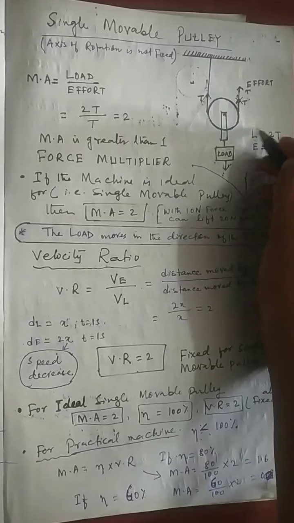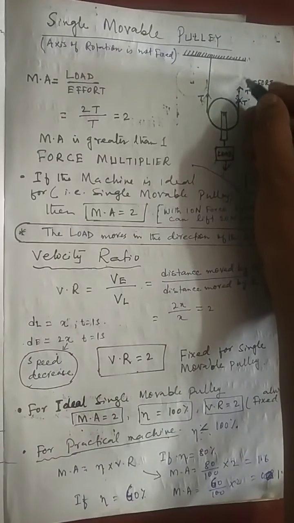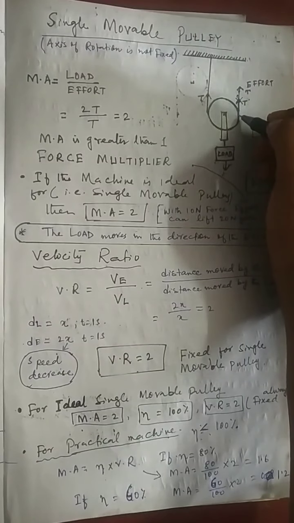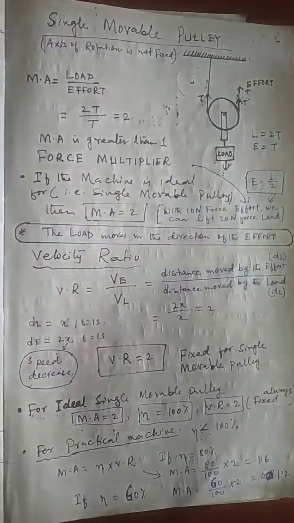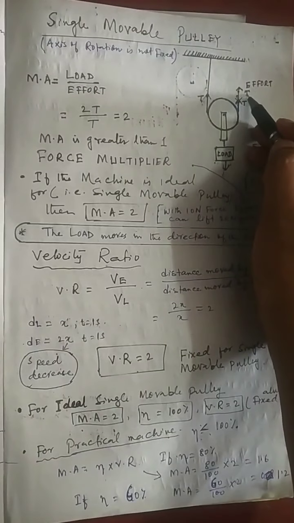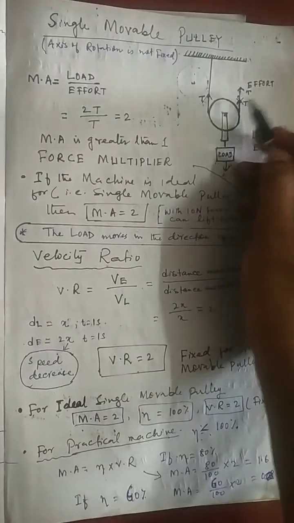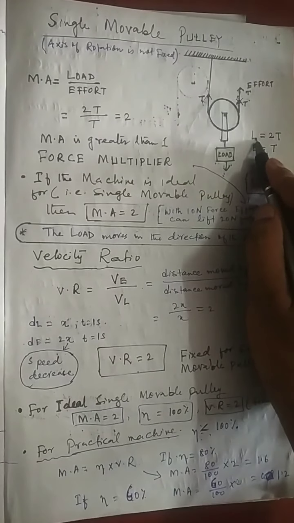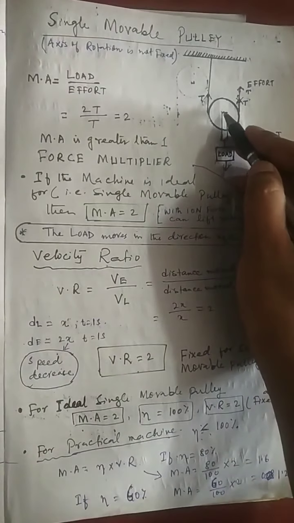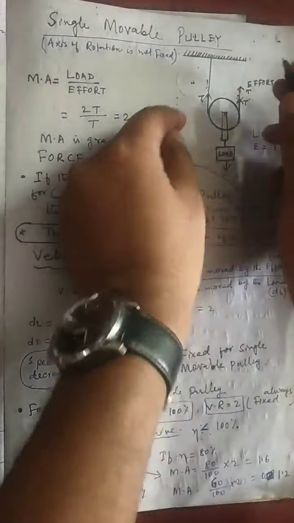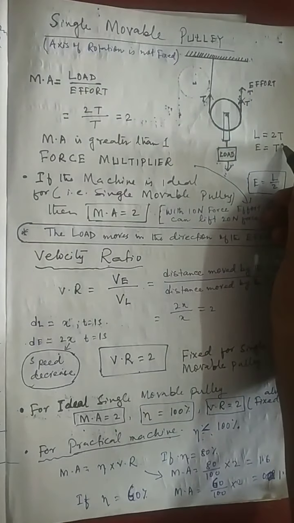And if we apply a force or effort here, then one tension also acts here. So the effort is balanced by the tension at that point, and the load is balanced by two tensions. So L equals 2T, this one and this one. The load is balanced by two tensions, and the effort is balanced by a single tension.